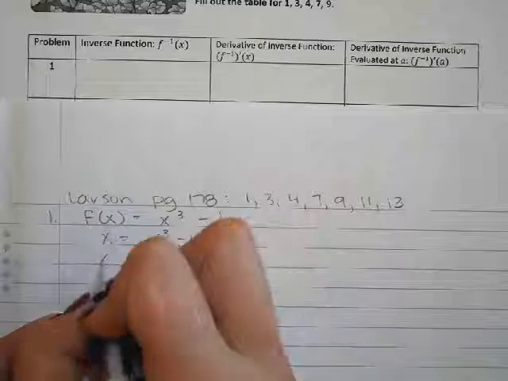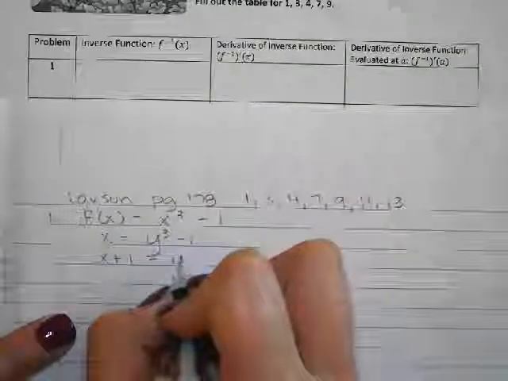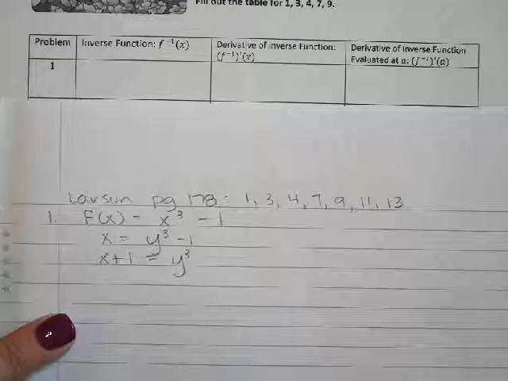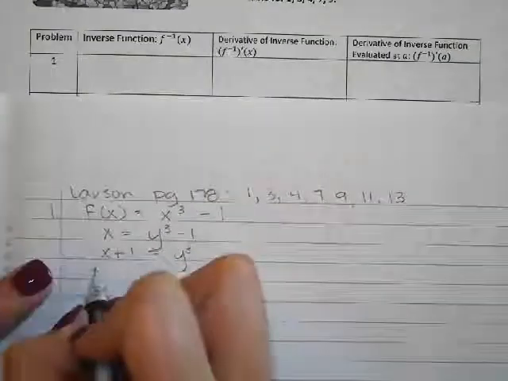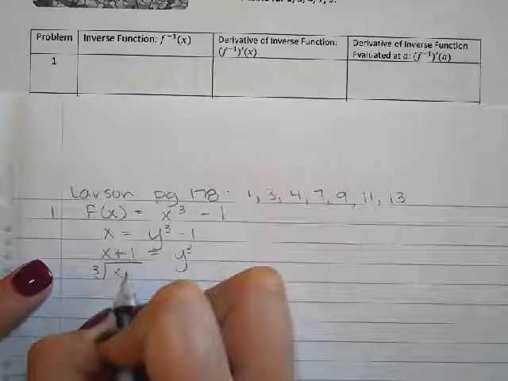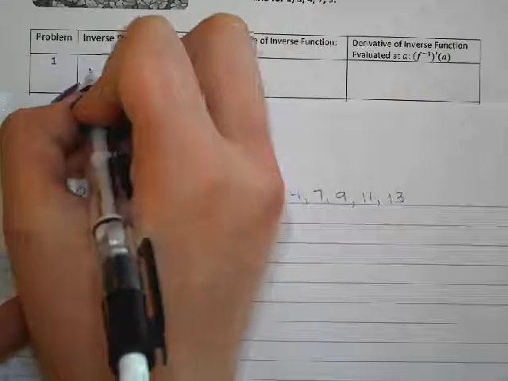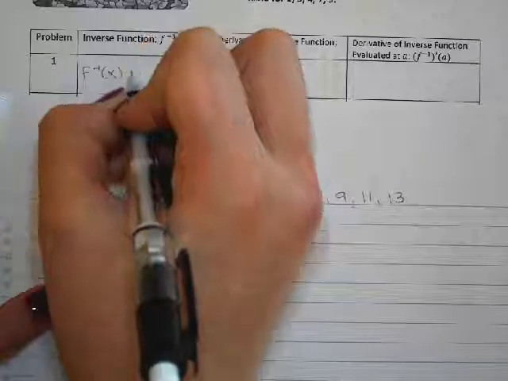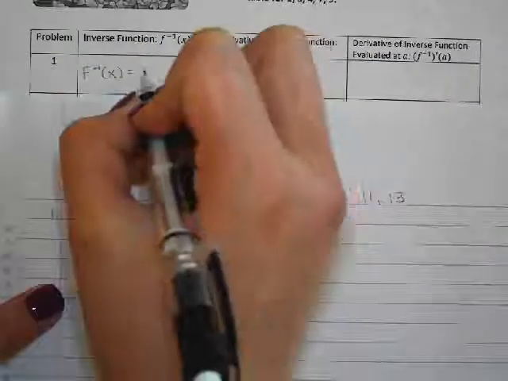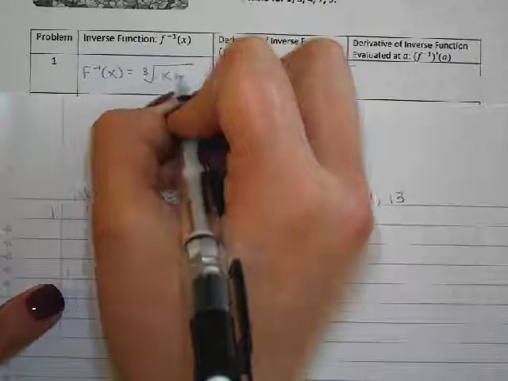Plus 1, so x plus 1 equals y cubed. Cube root, so cube root of x plus 1 equals y. And so up here, I'm going to say my inverse function is cube root of x plus 1.